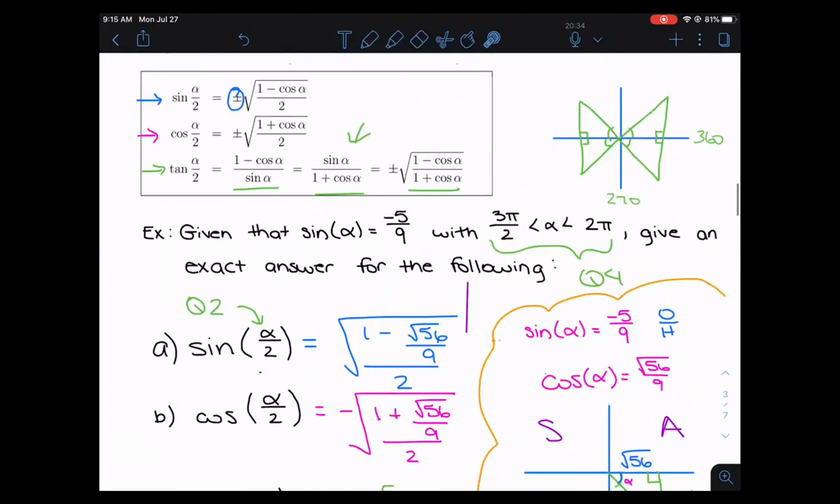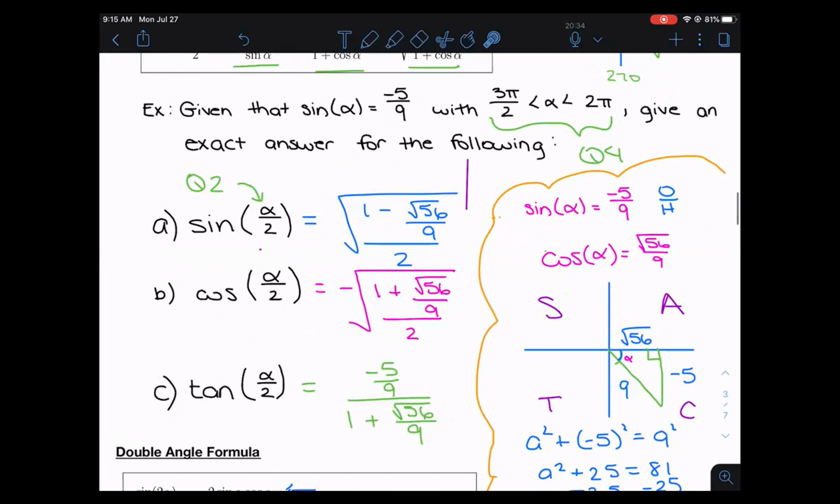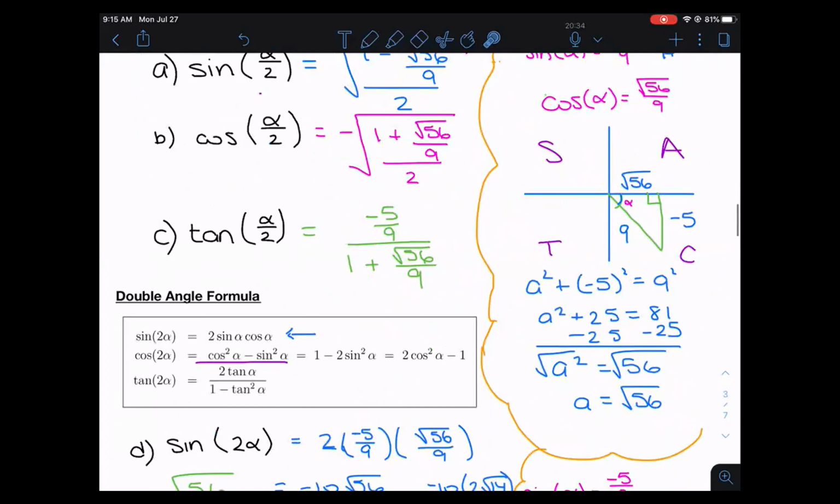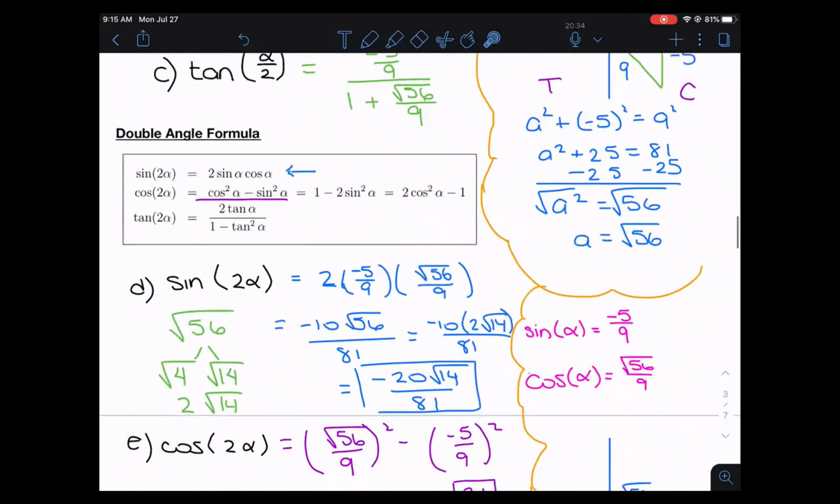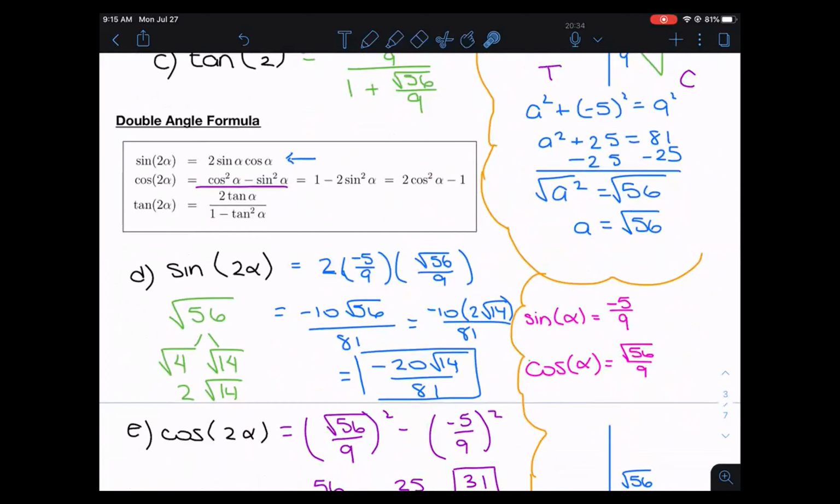But if you want to use the formulas, you can also use that, or set up your triangles. Again, it's math. You can do this in multiple ways. Any other questions?